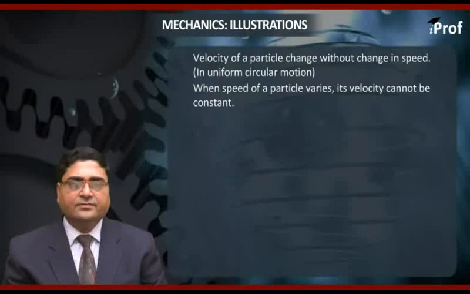This happens in uniform circular motion. When the speed of a particle varies, its velocity cannot be constant. So option C is the correct option.